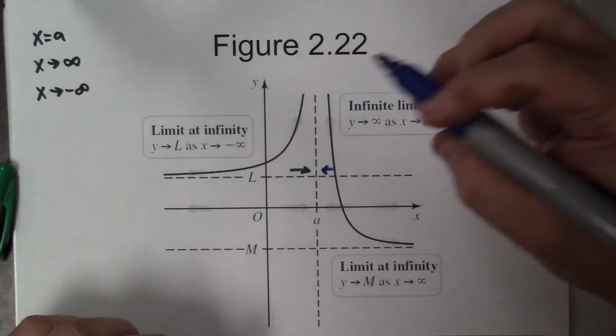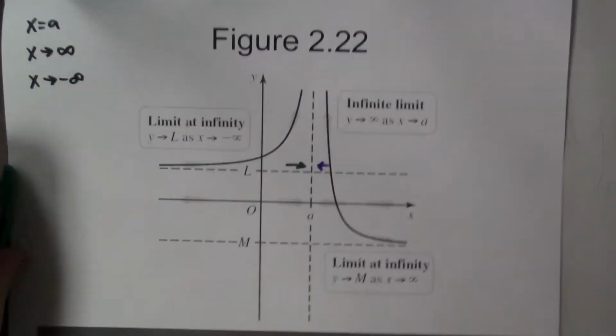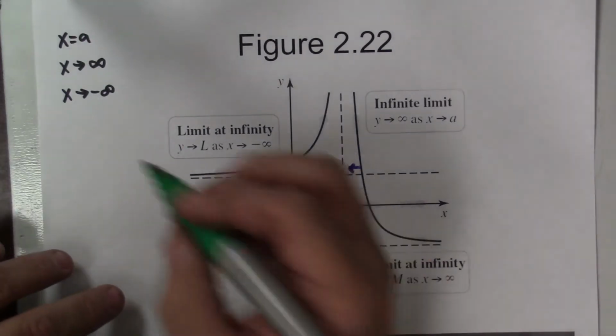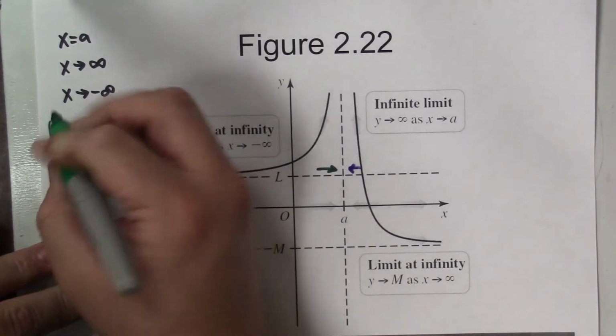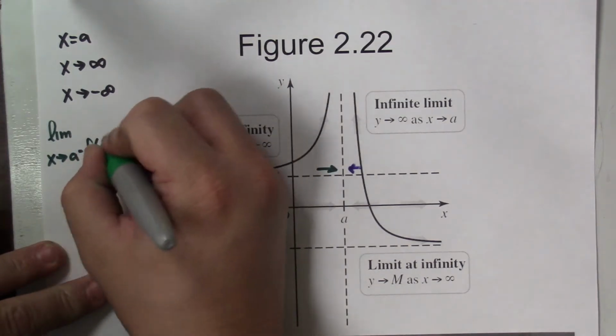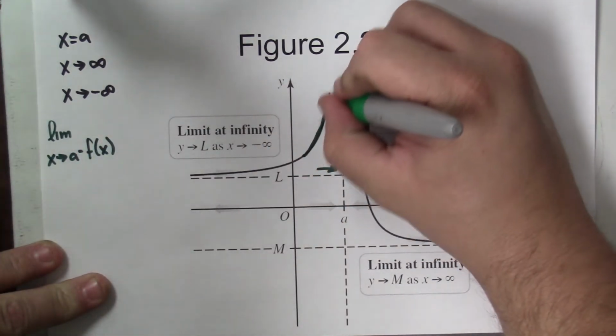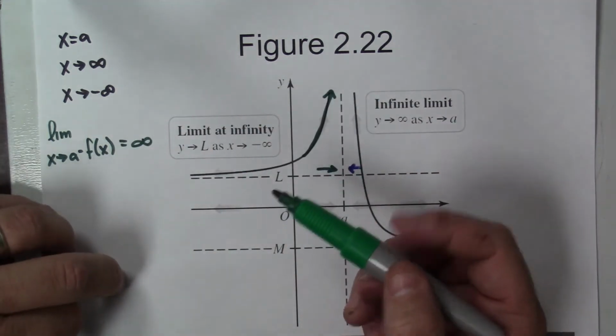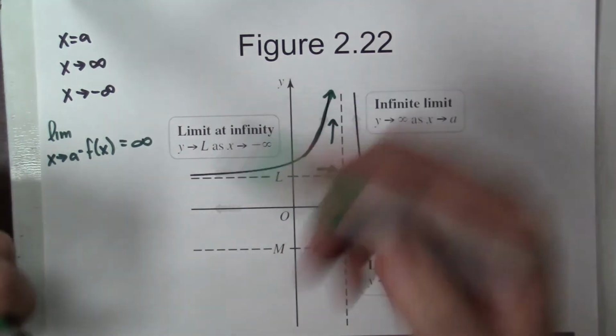Now we notice that this thing is bouncing all around. I apologize. The limit as x goes to a from the left of our function: well, we can follow this trend line up. It tends to infinity, going up without bound.